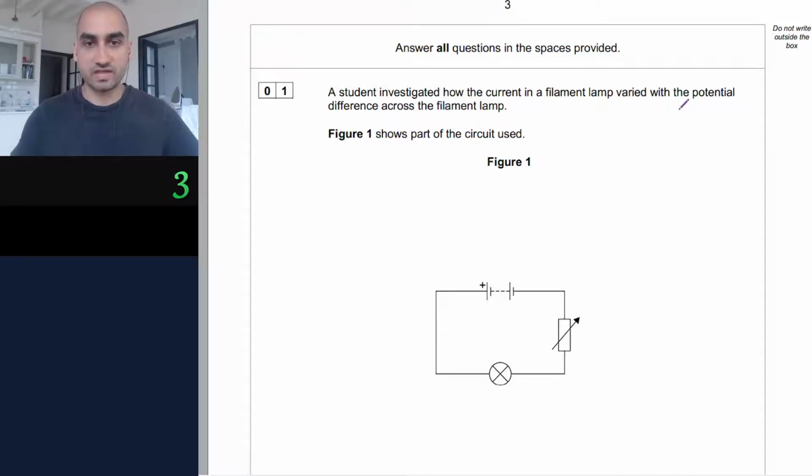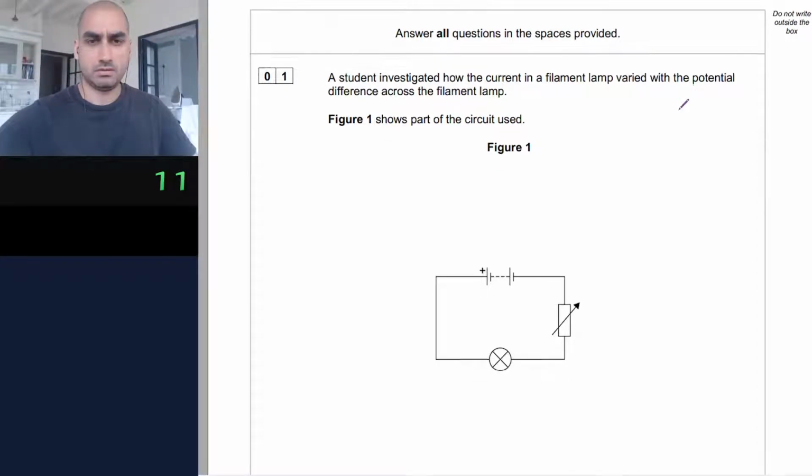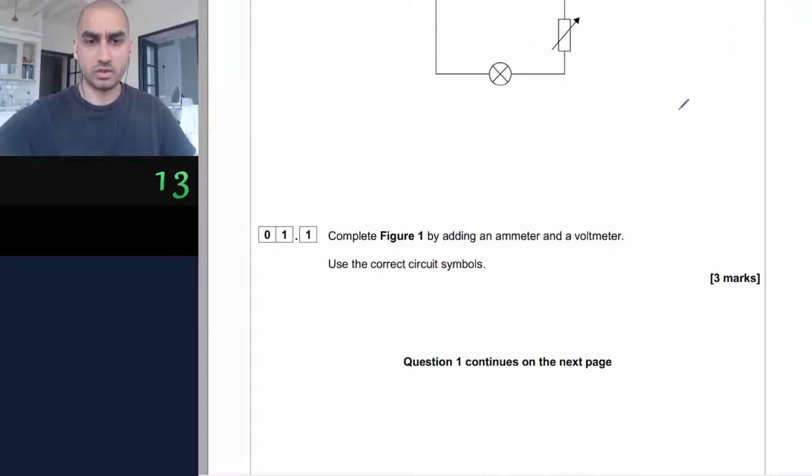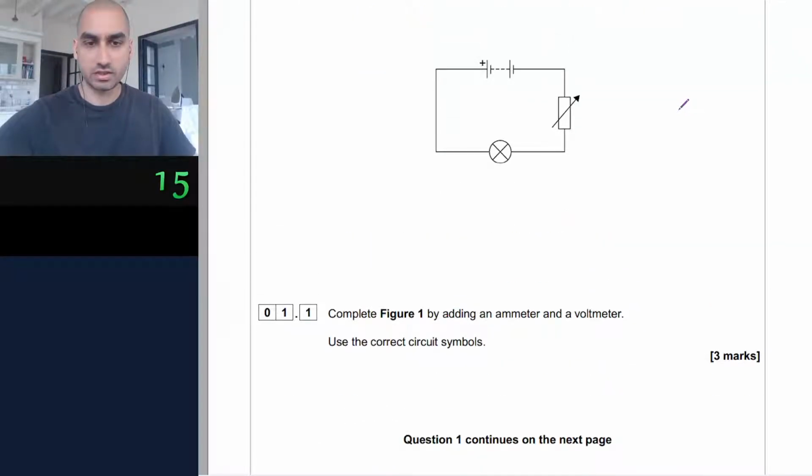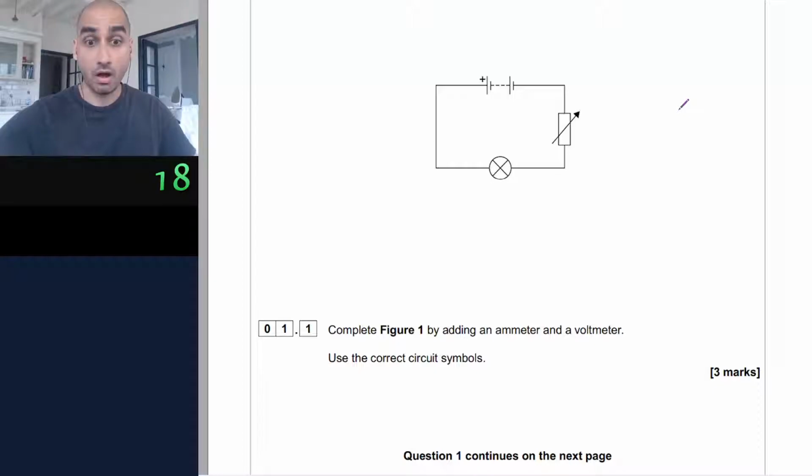Right, a student investigated how the current in a filament lamp varied with a potential difference across the filament lamp. Complete figure 1 by adding an ammeter and a voltmeter. Use the correct circuit symbols. Okay. So I think you put an ammeter, I don't know, it can go anywhere.